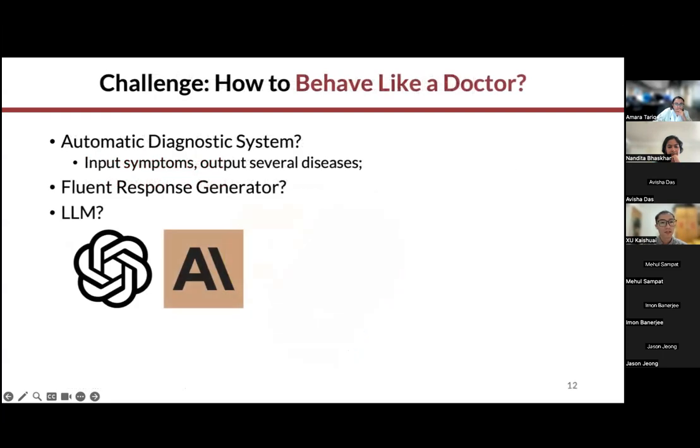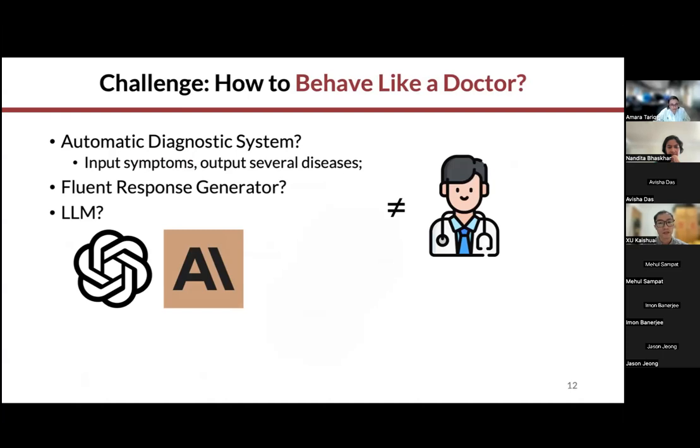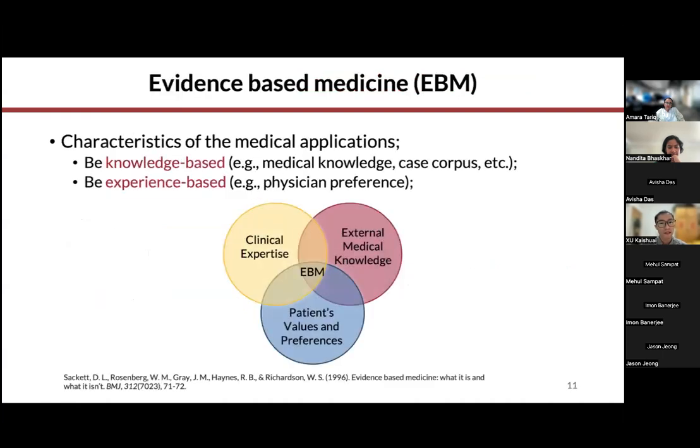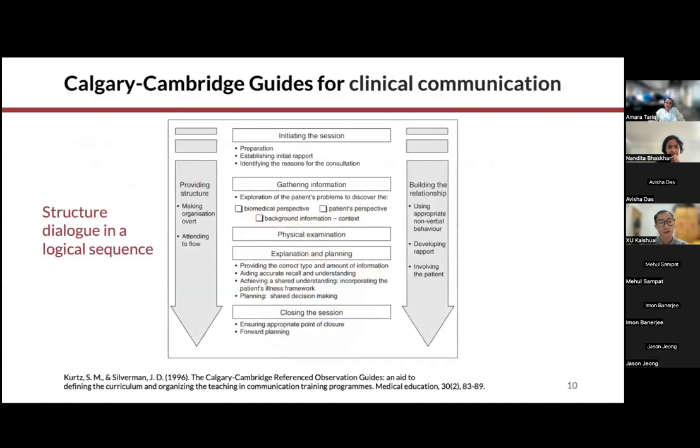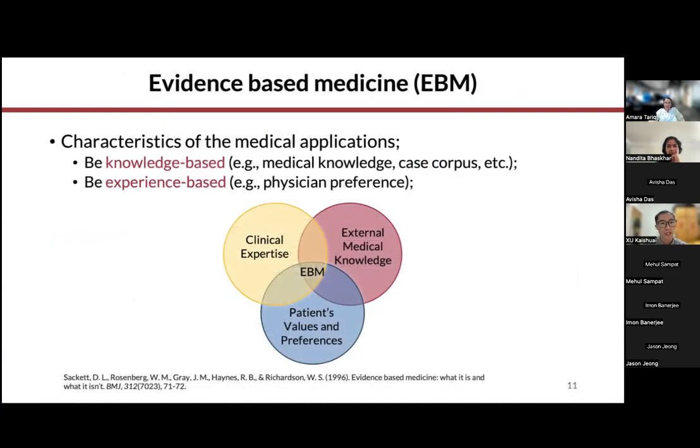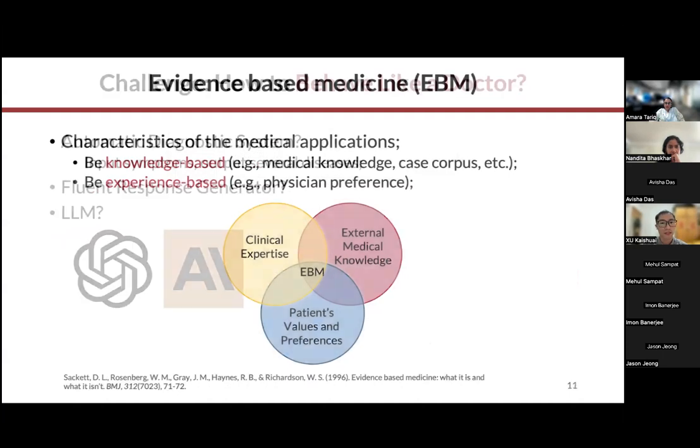So as we know, these three solutions cannot be a real doctor, and the clinical process is required. This clinical process refers to the sequence and structure of the medical dialogue, the rules that you need to follow, which you have to incorporate into the clinical process.